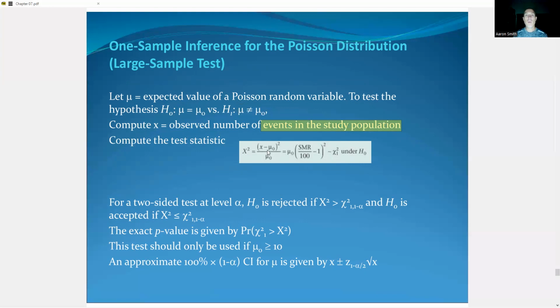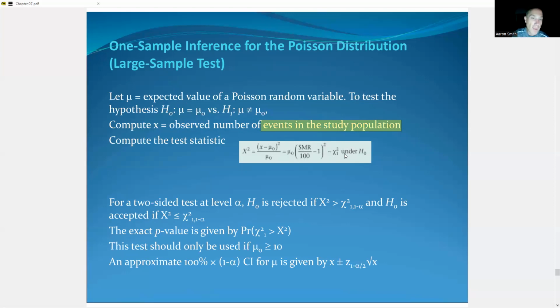So x minus mu sub 0 squared divided by mu sub 0. And this is going to be our standardized mortality ratio divided by 100 minus 1 squared times mu sub 0. And this will be distributed as a chi-squared random variable with 1 degree of freedom under the null hypothesis.